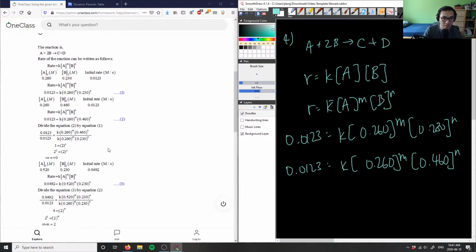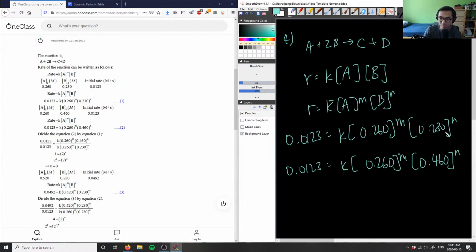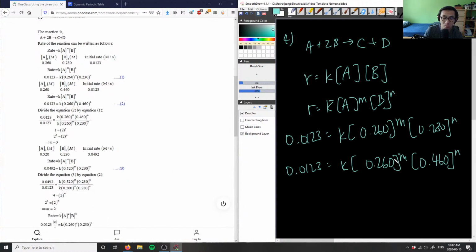And as you can see, if they divide both equations, they get N equals 1, and M is going to equal 2 for this problem as well. So what they're doing here is they're simply eliminating the M first to only solve for this N value.